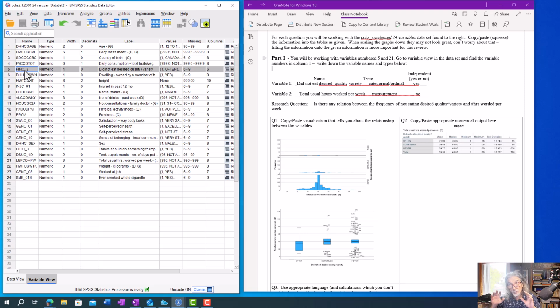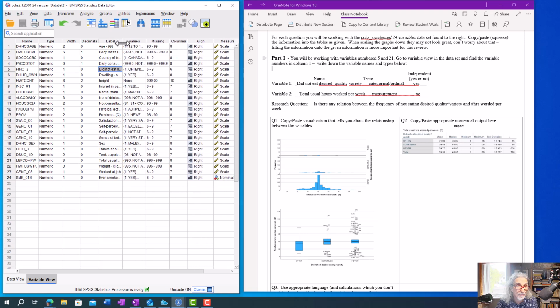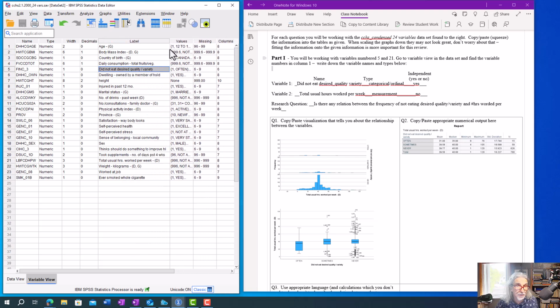This is a Canadian Community Health Survey, by the way. It's a Stats Canada survey that's done every 6 years or so. So these are codes that they use. But it gives you a label. You can stretch it out so you can read the whole thing: did not eat desired quality variety of food.